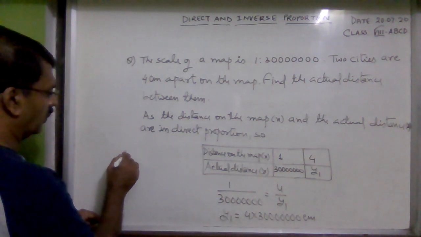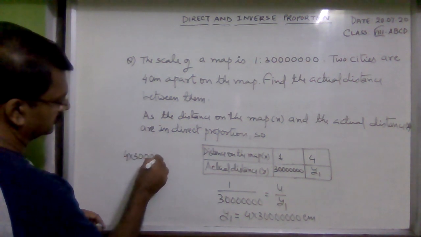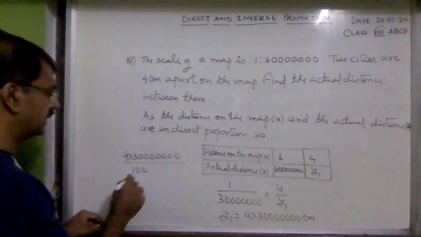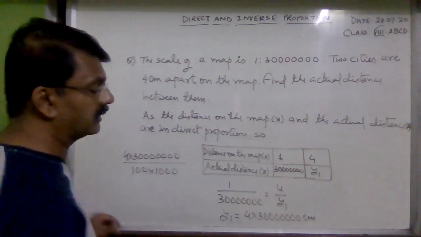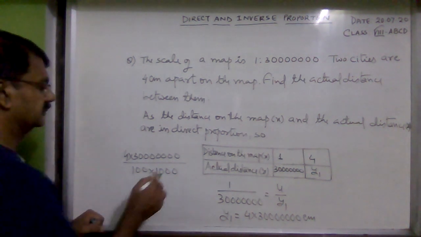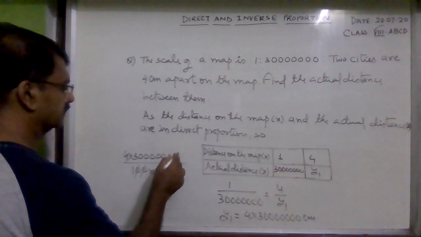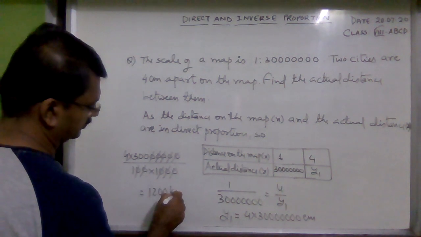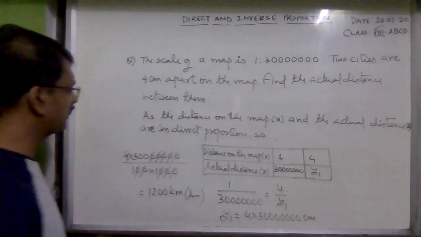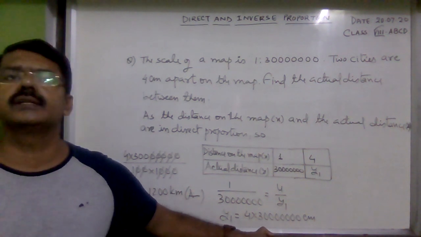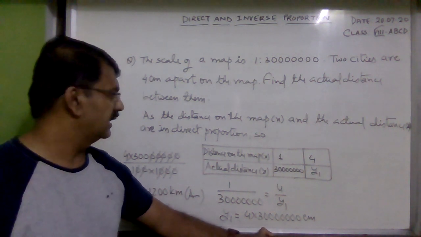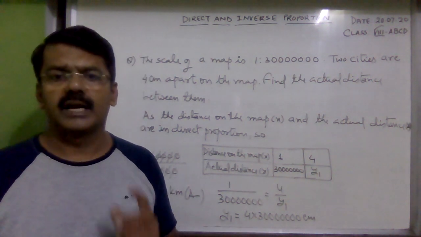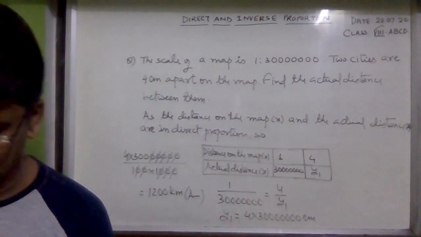So how? 4 into, it is in centimeters, when you divide it by 100 it will be converted into meters, and then you divide it by 1000, so it will be converted into kilometers. 1200 kilometers is your answer. So if the distance on the map is 4 centimeters, then the actual distance between the two cities will be 1200 kilometers. Clear? Now the next question.